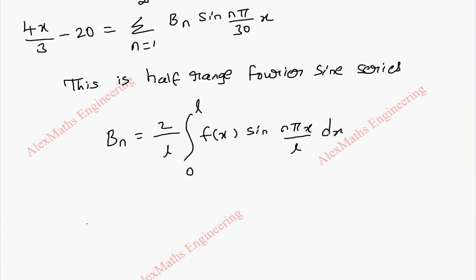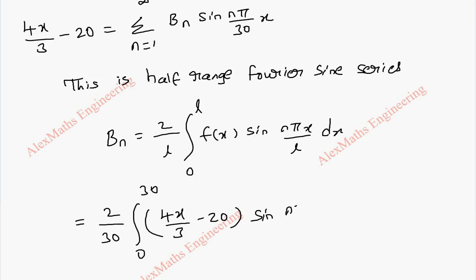So this will become (2/30) integral 0 to 30, where f(x) is 4x/3 minus 20, into sin(nπx/30) dx.